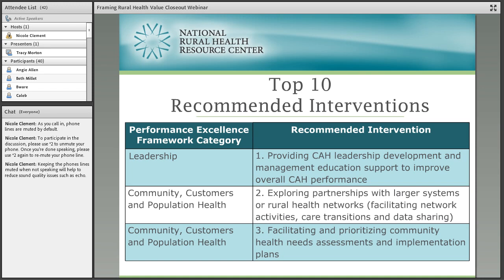So I helped them find a consultant that they could work with to identify possible partners. They have a fairly new CEO who came in January of this year, but he pretty quickly identified that they were going to have to find a larger system that could provide some needed help.